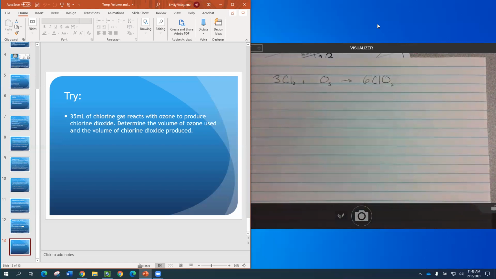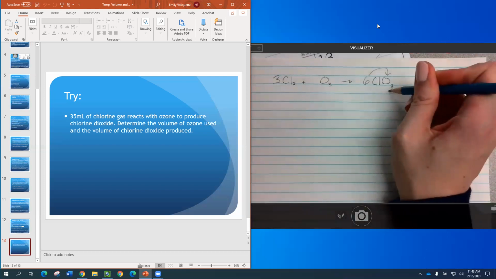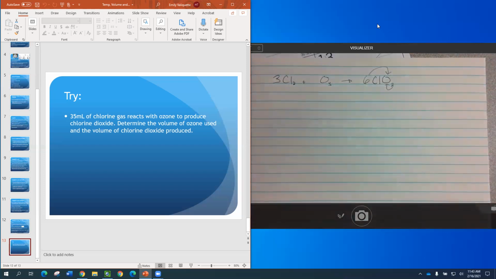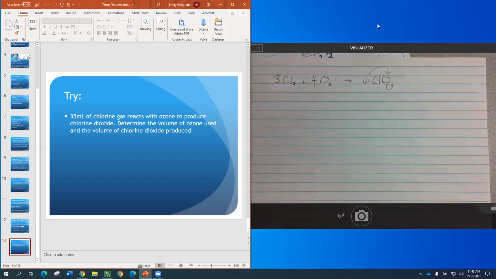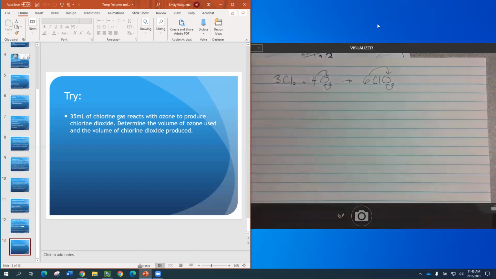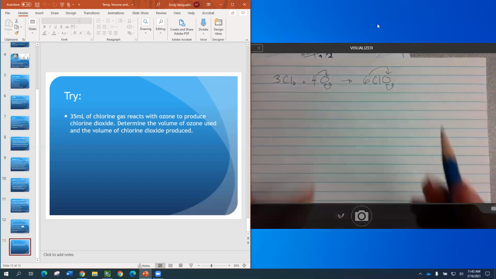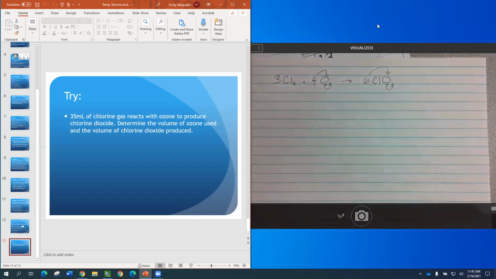And then for my oxygen, I have 6 times 2, which is 12 oxygen, which means I have to put a 4 in front of my ozone, since 4 times 3 is also 12 oxygen. So now this is balanced. I have 12 oxygen on either side. I have 6 chlorine on either side.